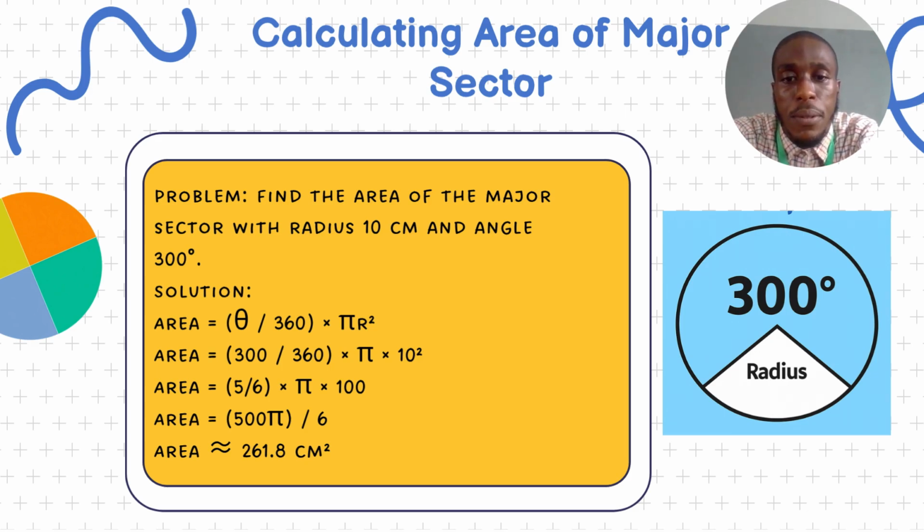If done successfully, we will have 261.8 centimeters squared. You can see that it's quite simple. All you need is to memorize the formula, theta divided by 360 times pi times r times r, and you can easily solve any such problem. So let's move into the concluding section.